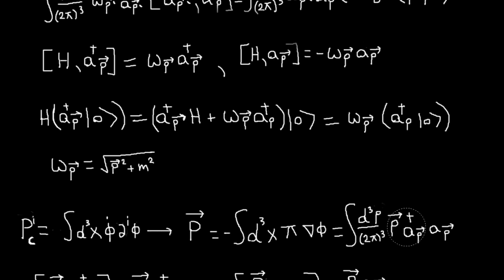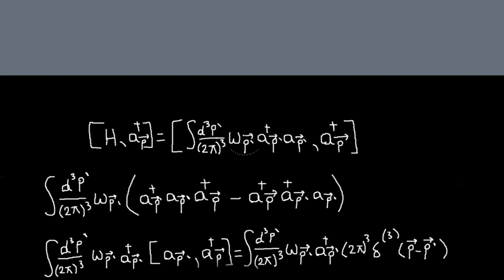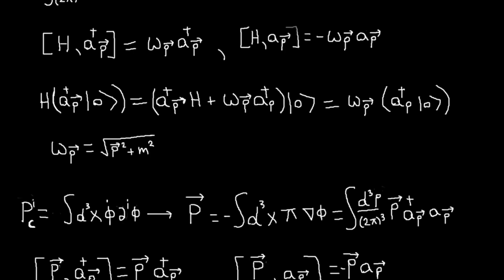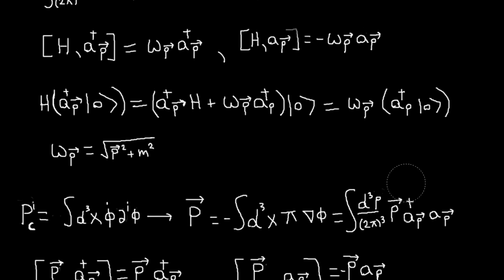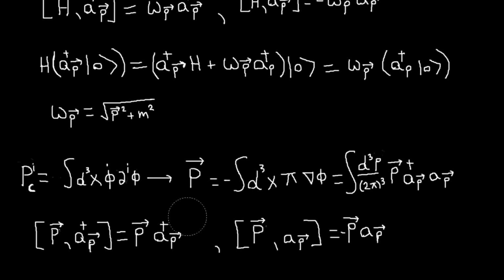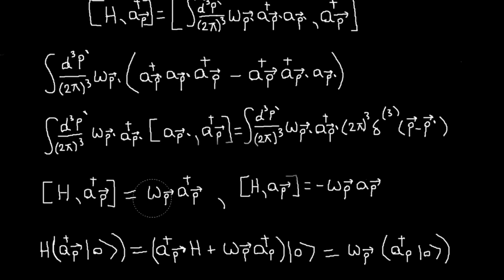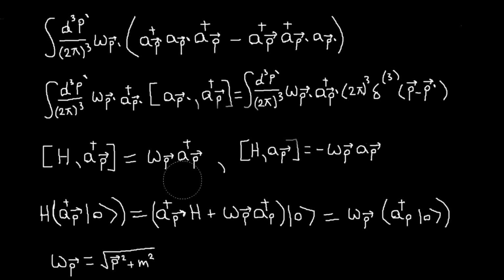One convenient thing to notice is that this operator is almost exactly the same as our Hamiltonian operator. The only difference is that instead of omega p here, I have p. And that's useful because it means we don't even have to work out our commutation relations. They will just be the same thing, only with omega p replaced by p.